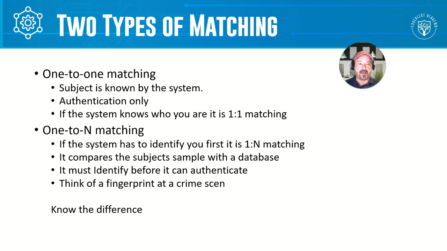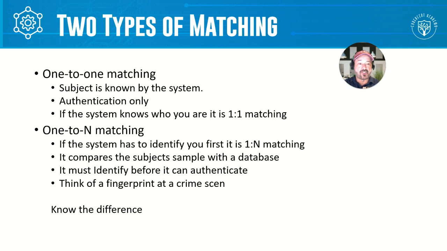One of the things to think about in the CISSP is that when you get a question, which might even be kind of complex, just ask yourself: did the system already know who the person was? If it already knew who the person is claiming to be, at least, then it's one-to-one matching. It's matching a live capture sample with a known profile.